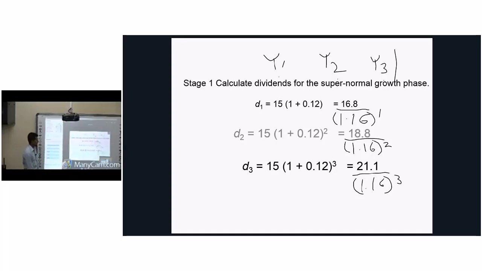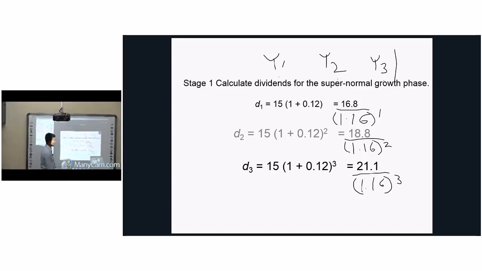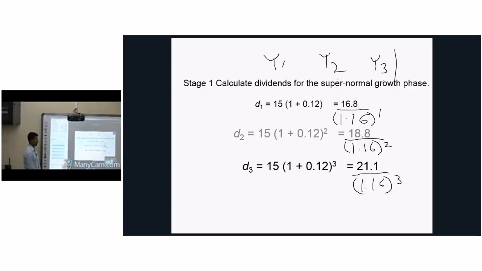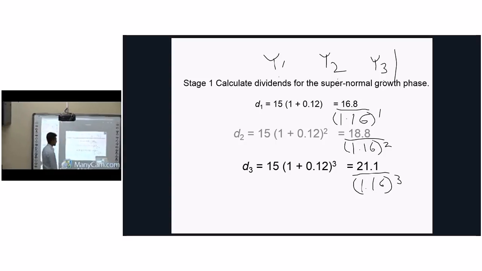If you divide like this, what are we going to get? We get the present value of the first 3 years of dividends. How much is that going to be?